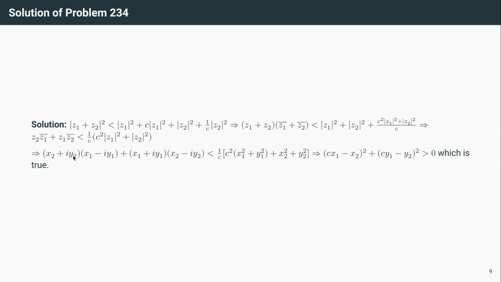Similarly, x1 iy2 is positive here, and here x1 iy2 would be negative with i, so that will get cancelled. Similarly, x2 into iy1 will get cancelled here with plus iy1 x2. So essentially on the left hand side we will have 2x1 x2 plus 2y1 y2. That will get multiplied with c, and you can bring it to the right hand side, and this will give you this result.